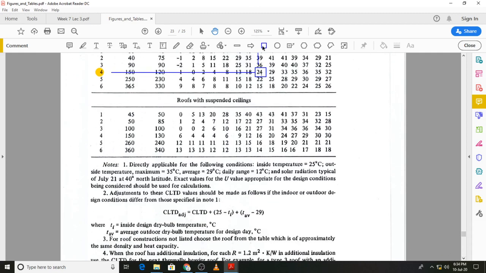You can see this formula over here that is given to us, in which you use the value that you have just obtained, that is CLTD is 24, then 25 minus TI.